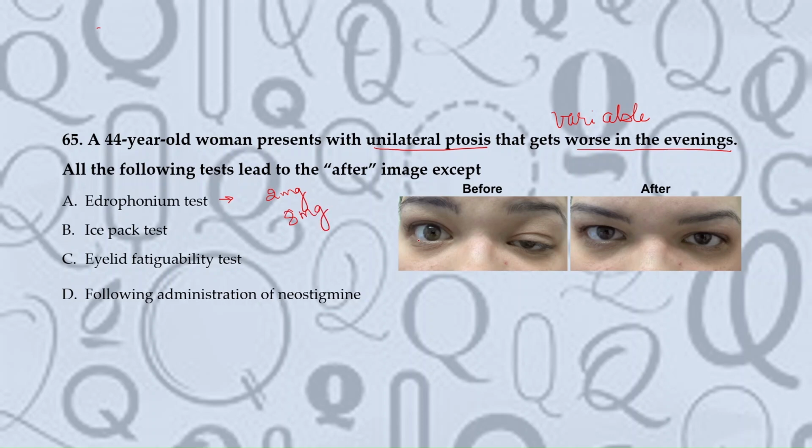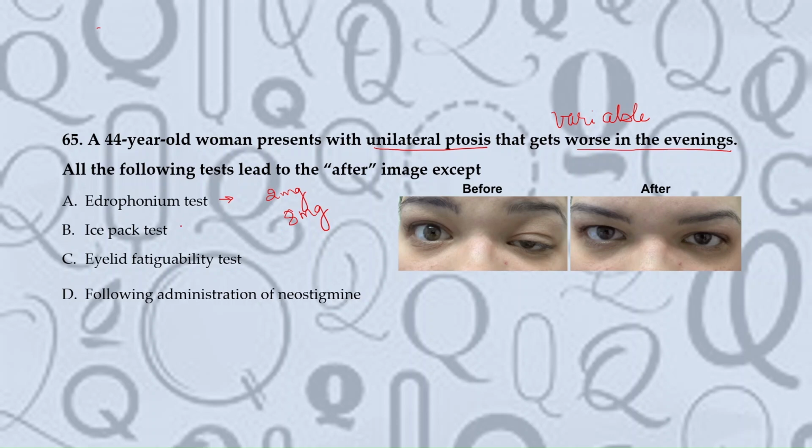We can record the ptosis in the form of images like this, or you can even perform a field analysis which shows a superior defect in a ptotic eye, and the superior defect in the field is better after the hydrophonium is given. Or you can even do a diplopia charting or a Hess screen charting for documenting the diplopia.